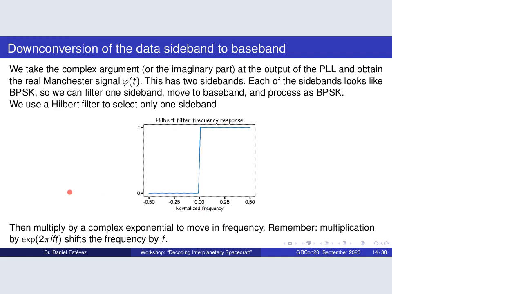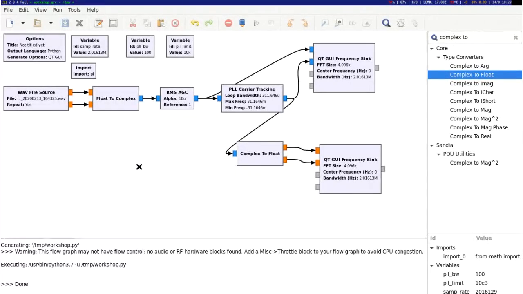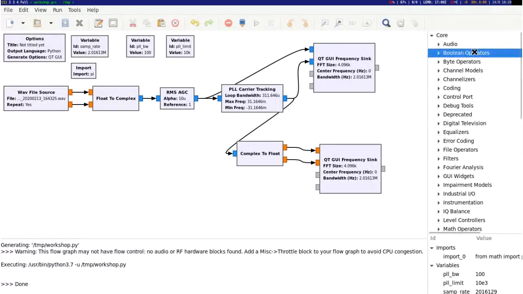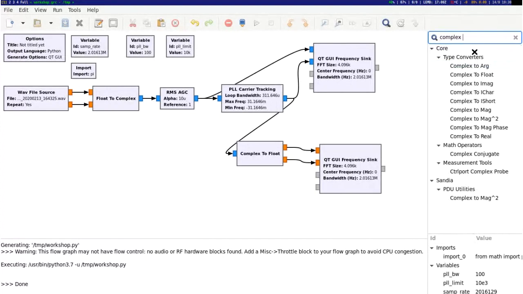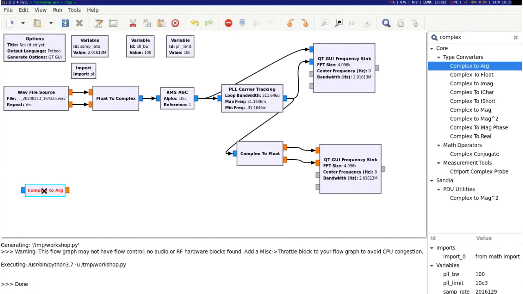All right, let's go and come back again to GNU Radio Companion. The first thing we need to do is to take the complex argument. This will give us the phase modulation.